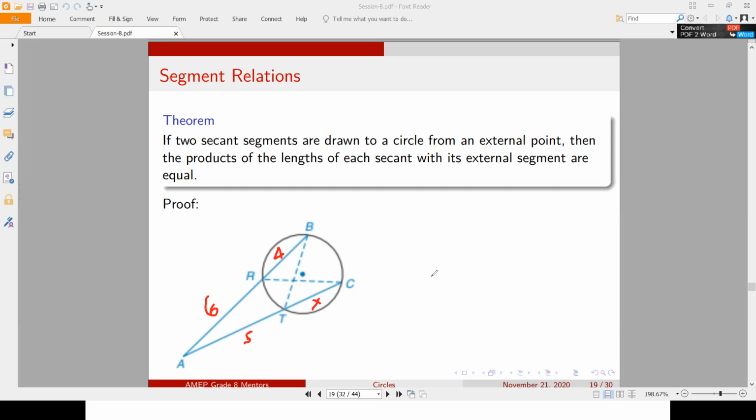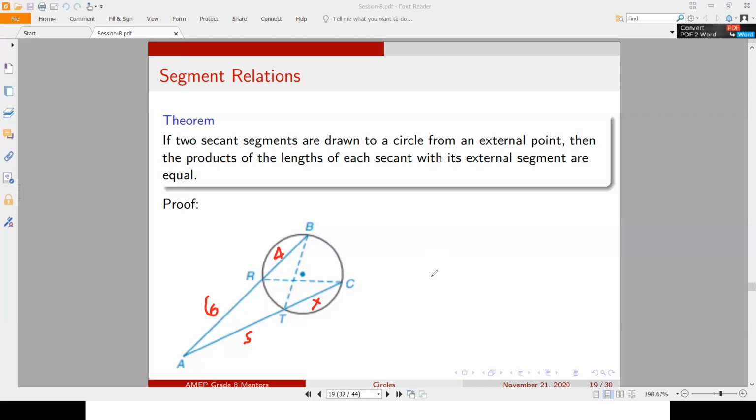So, ano yung dalawang secant natin? BA po at CA. BA and CA, that's correct. Ang sinasabi ko po dito, in order to solve this problem, it should be labas times buo equals labas times buo. Ibig sabihin, let's focus first with the secant BA.